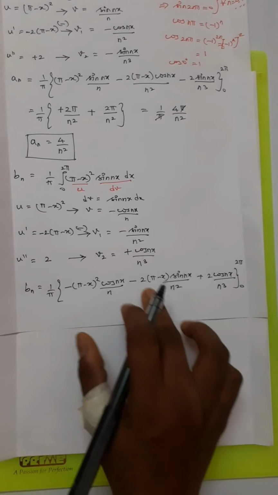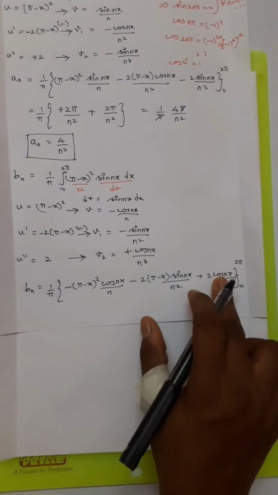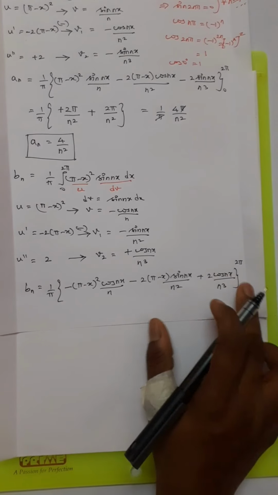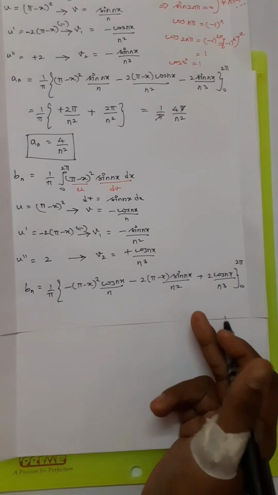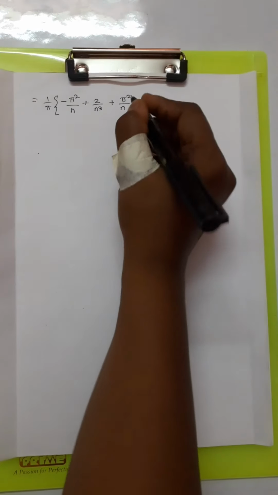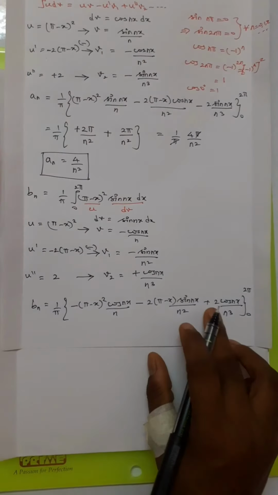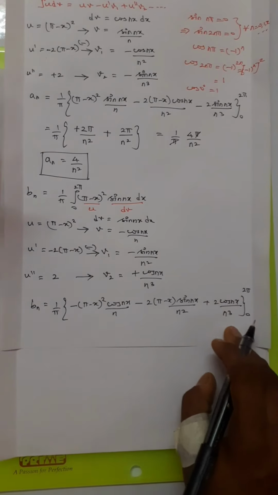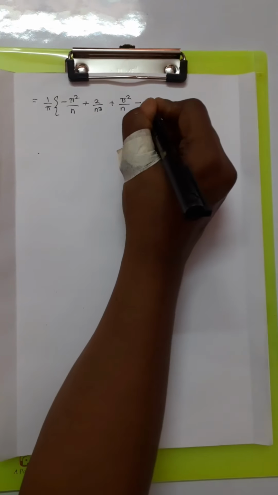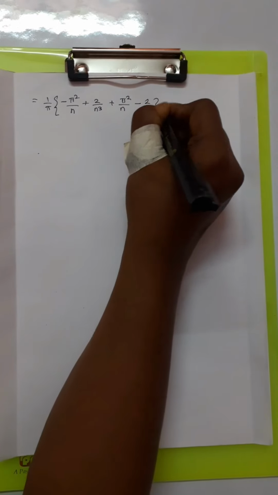So the second term becomes 0. So moving on to the third term. Third term, cos 0 is 1. Upper limit minus of lower limit. So here it becomes minus cos 0 is 1. So it is just minus 2 by n cube. Minus 2 by n cube.